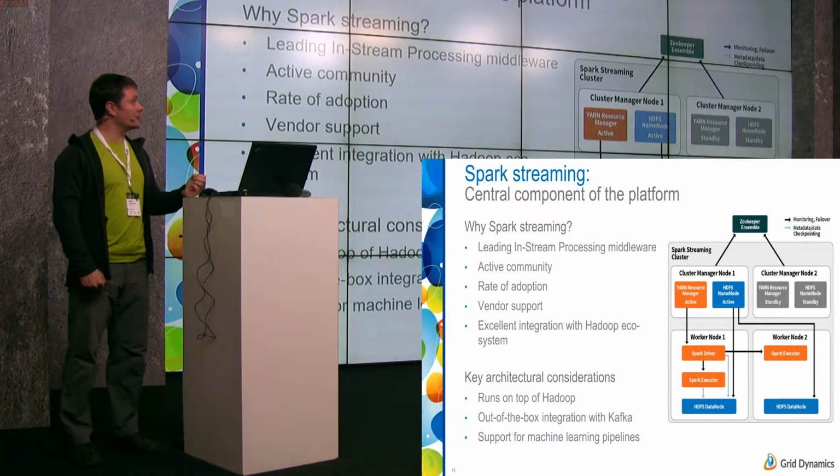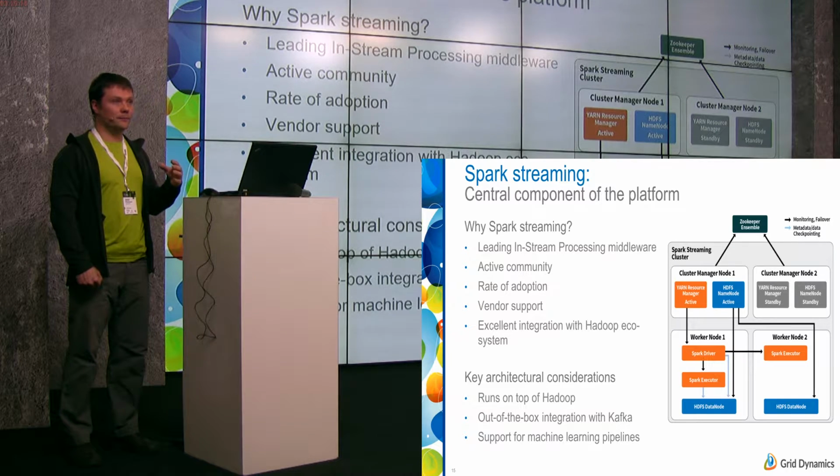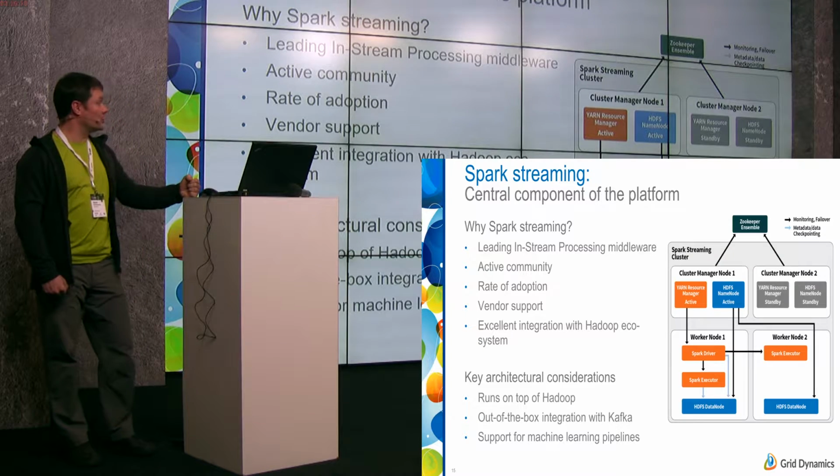IBM made this announcement not just in a void, but as a logical continuation of their effort and of the leadership that Spark had for a while. Because Spark appeared later than Flink or Storm, engineering solutions from them were used in the development of Spark Streaming.